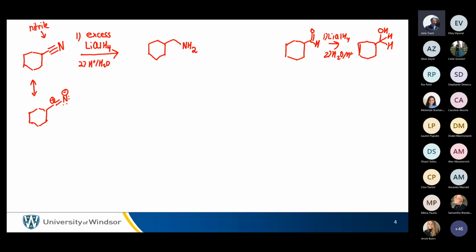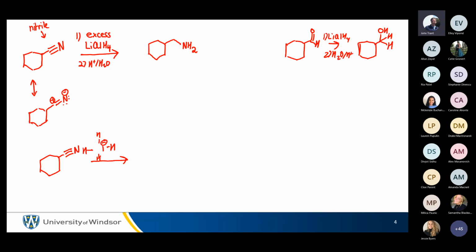So if we're using lithium aluminum hydride, which is this H minus that is not basic, generally, because it's attached to the aluminum, so it's kind of modulated. It's not fully basic. Moderated is the word I'm looking for. Then what we're going to have mechanistically is a negative aluminum.